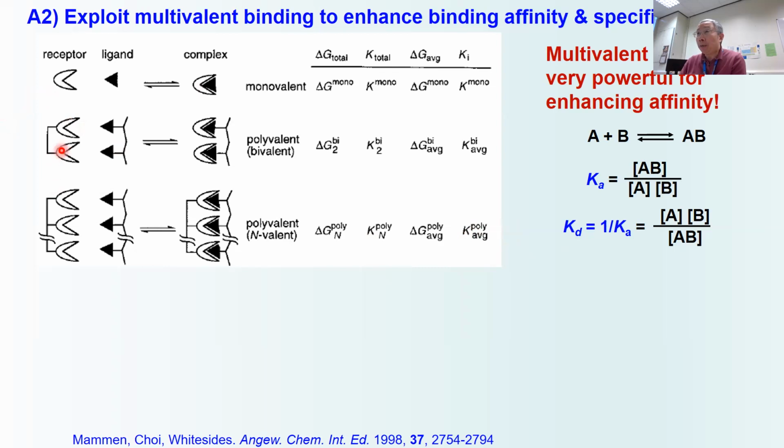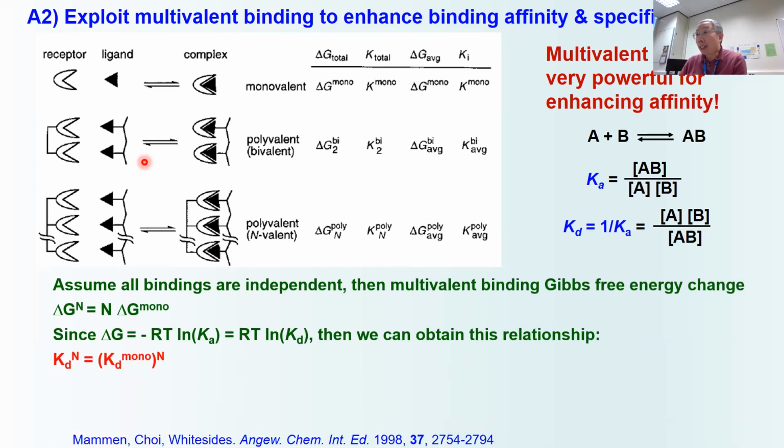If we assume all these bindings are independent of each other, then the multivalent binding Gibbs free energy should equal n times the monovalent binding.